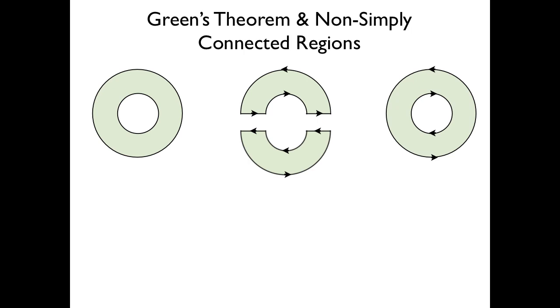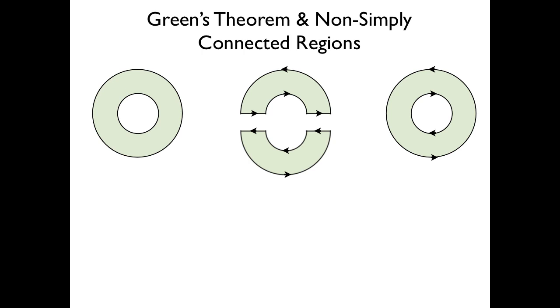We go counterclockwise around the outside and then clockwise around the inside. Remember, the orientation of the boundary is such that when you walk on it, the region is always to your left. And so that's consistent, right? If you walk on the outside counterclockwise, the green is to your left. If you walk on the inside clockwise, the green is to your left, right?